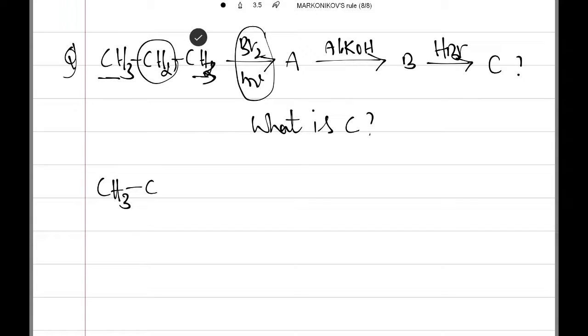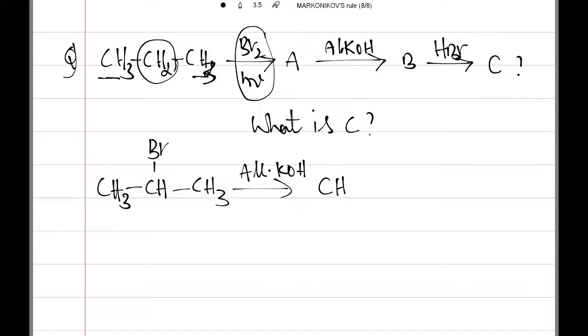We know that secondary hydrogen is more reactive than primary hydrogen. Now we can get the product: CH3, Br, and CH3. After that, with alcoholic KOH, we know the result is an elimination reaction. So simply we can get the alkene, CH double bond CH2.